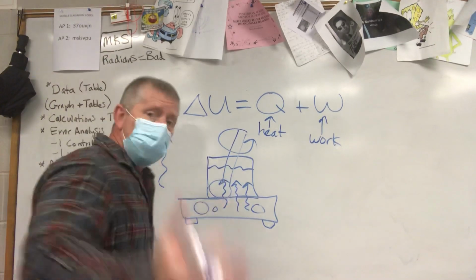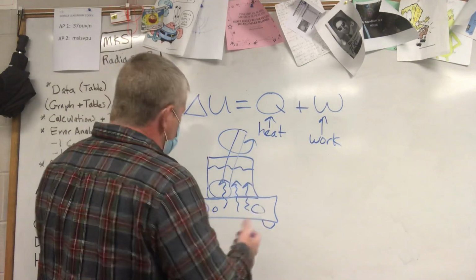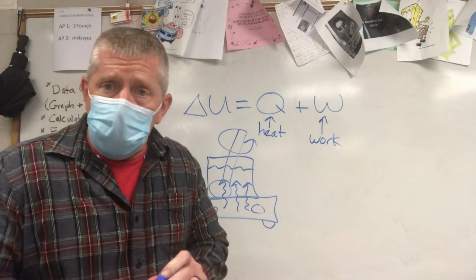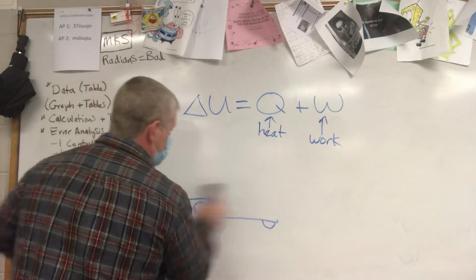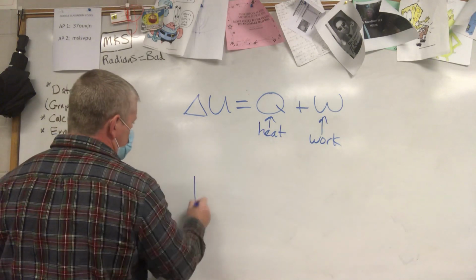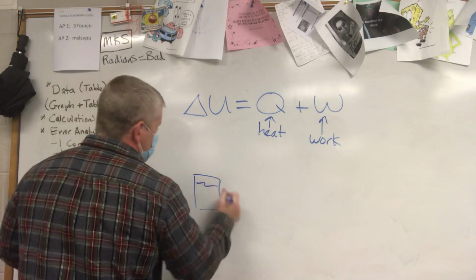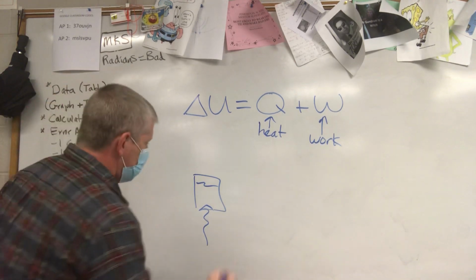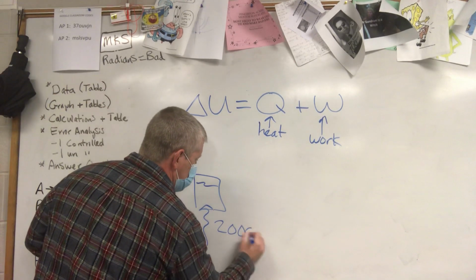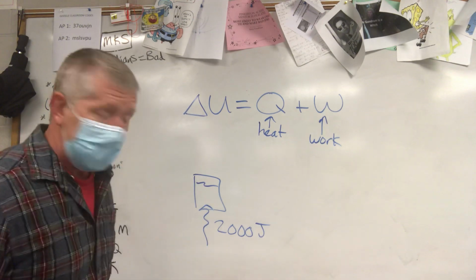All right, try it. So let's do a problem here with the first law. Let's say that we have this beaker of water, and I add in, through heat, 2,000 joules of energy.